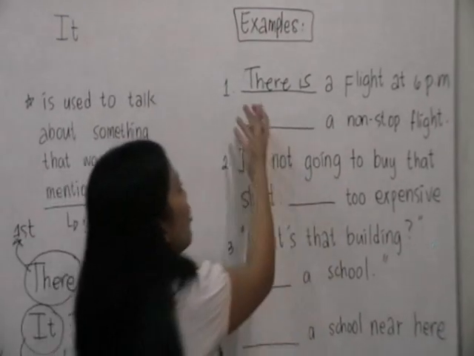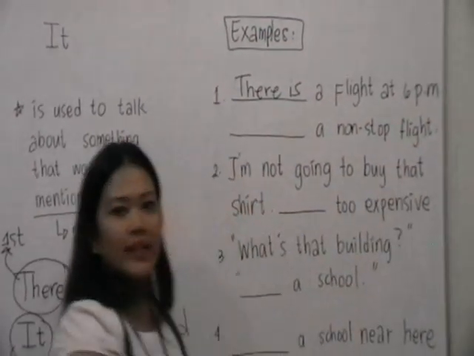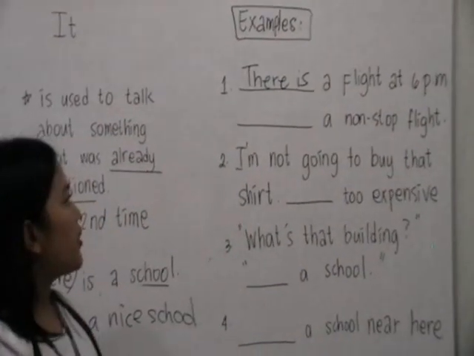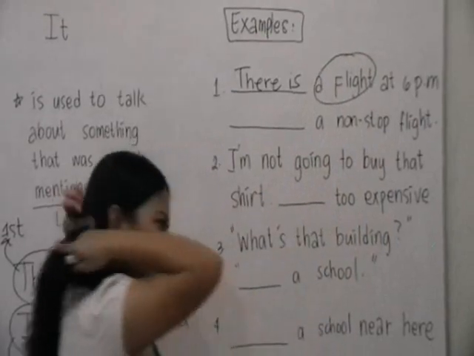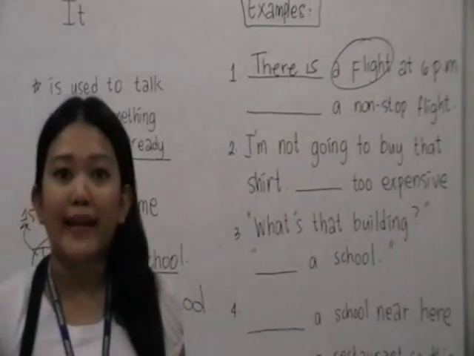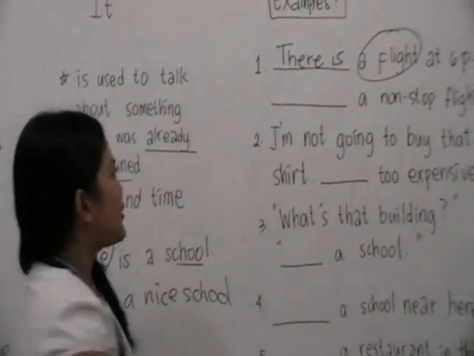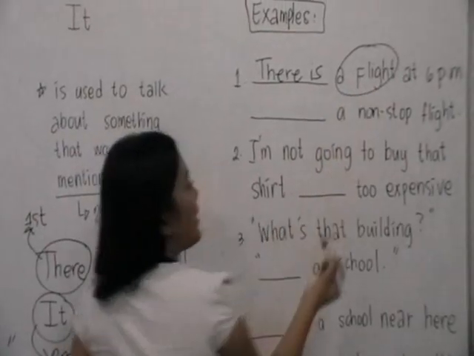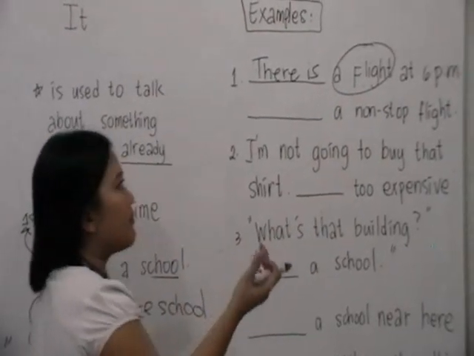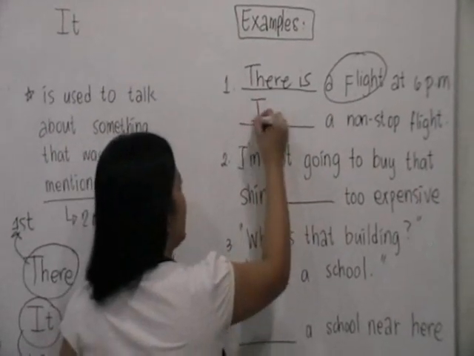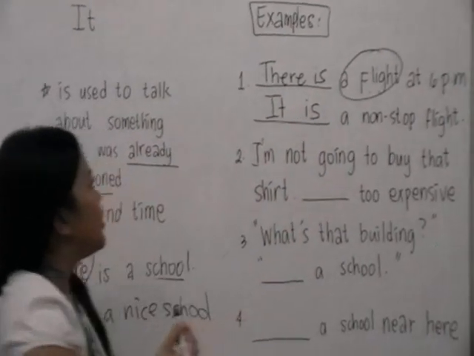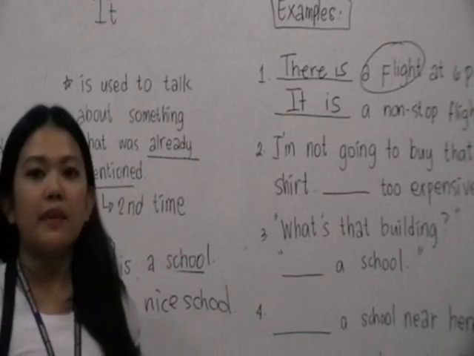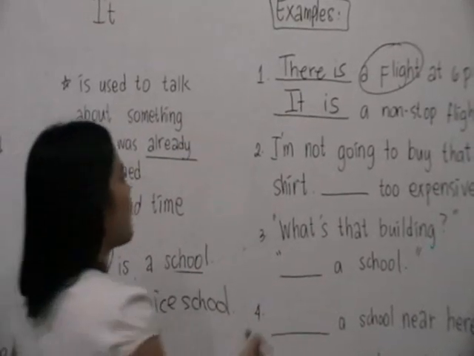Now, what is our noun in the first number? Our noun is flight. Flight, like when you take an airplane, so you have a flight. The flight here is our noun, and we can substitute it by using it. So there is a flight at 6 p.m. It is a non-stop flight.